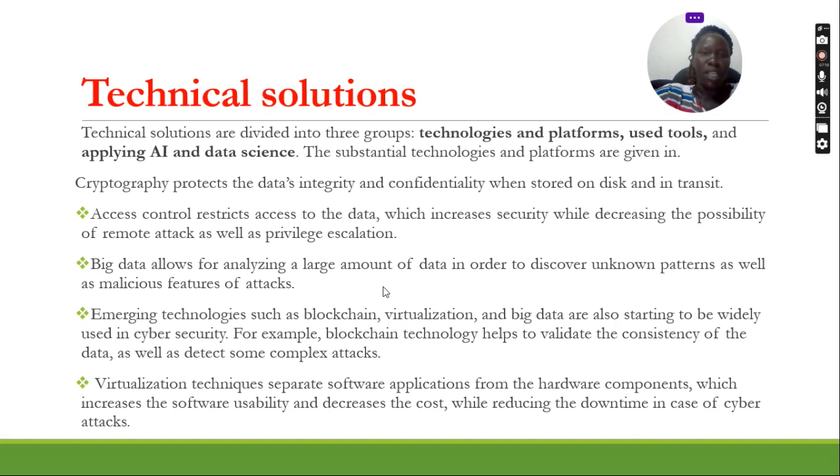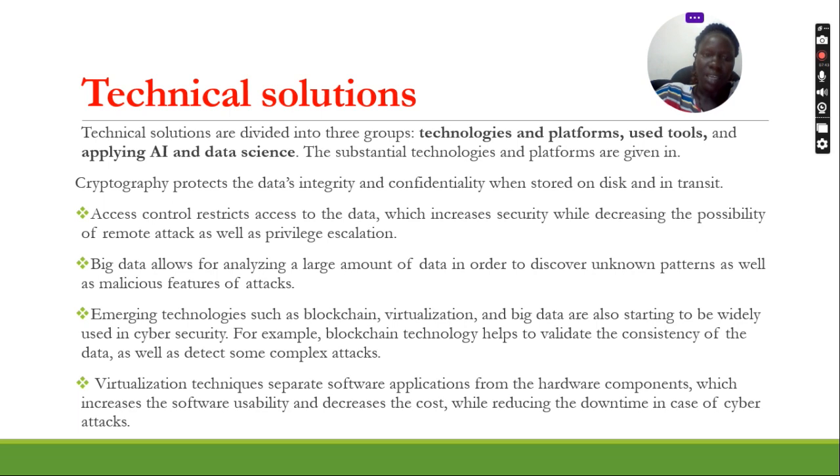So the technical solutions are also divided into technologies and platforms, used tools, and applying artificial intelligence and data science. The substantial technologies and platforms are given here. We have cryptography that protects data integrity and confidentiality when stored in the disks and in transit.